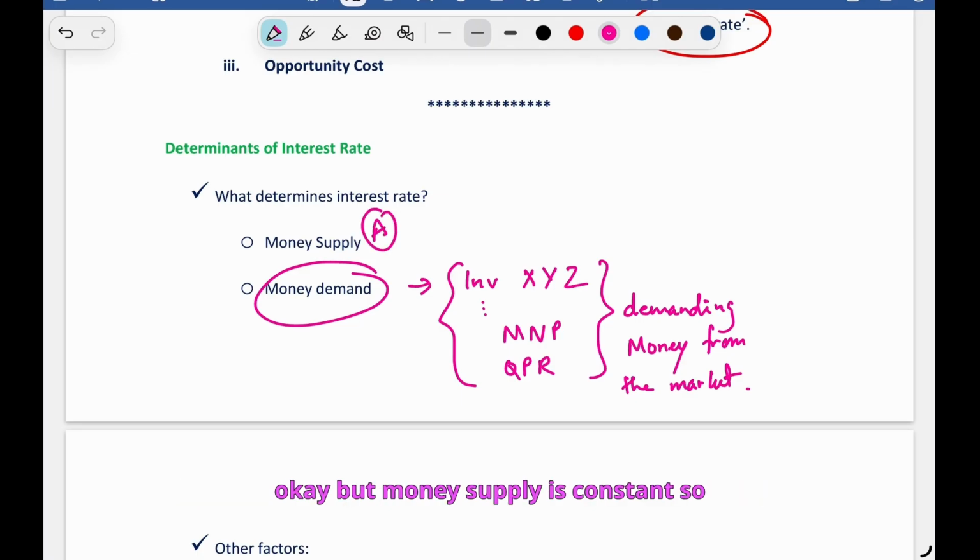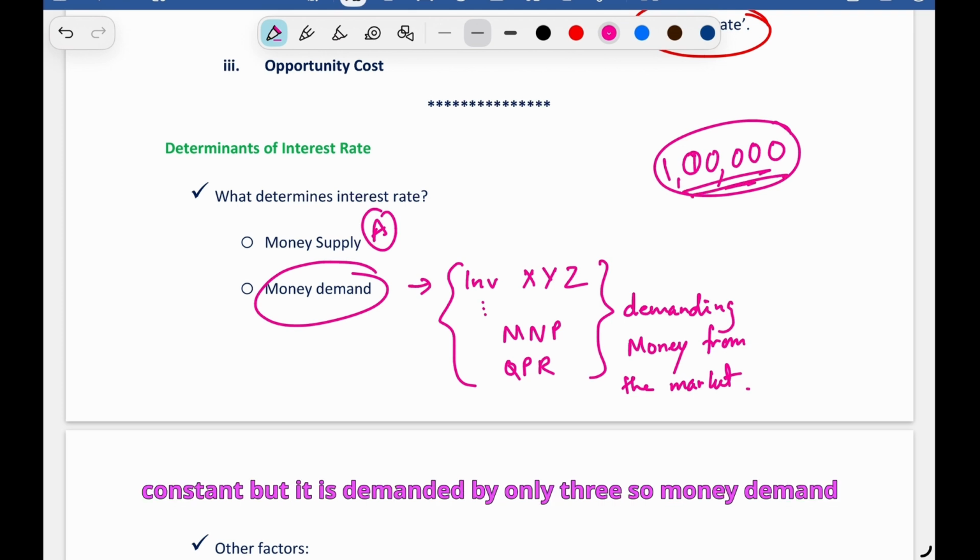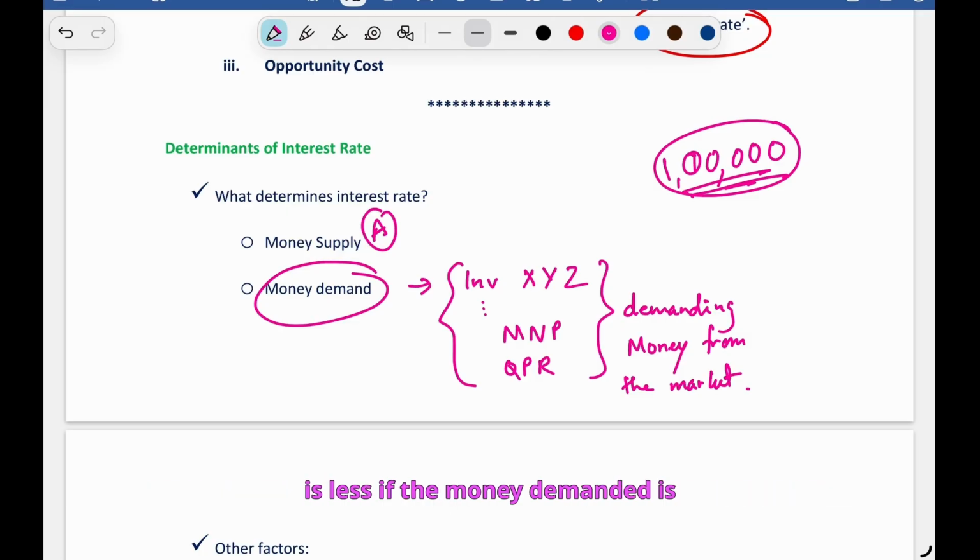Okay. But money supply is constant. So money supply is, say, let's assume it is $10,000. So this is constant. Just for example, or let's make it $1 lakh. So money supply is constant, but it is demanded by only 3. So money demand is less.